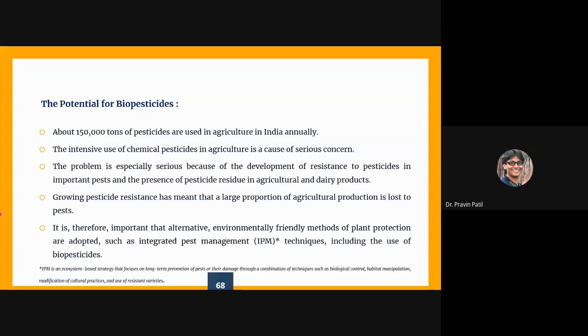The targeted pests have already obtained their resistance, but the others which were not the target in the first place will get affected. They are getting eliminated from the ecosystem. The ecosystem is getting imbalanced, and that is why using biopesticides is very important.